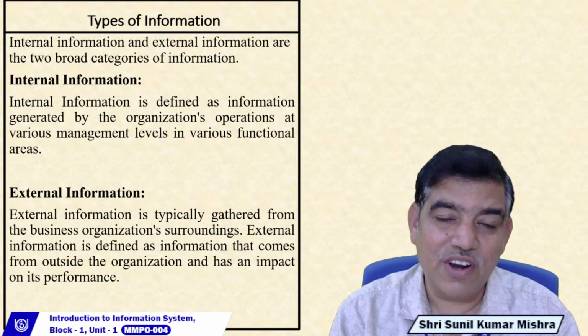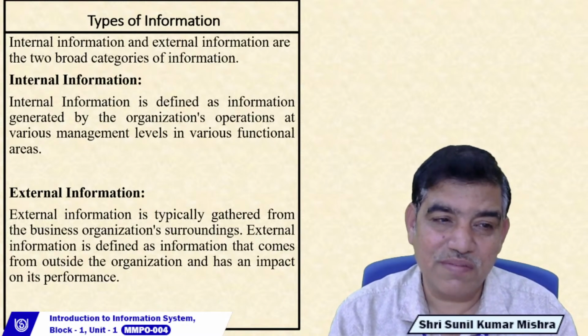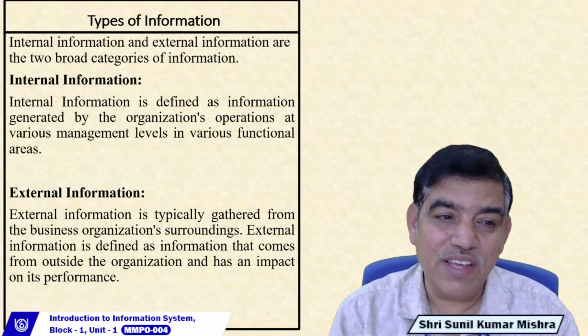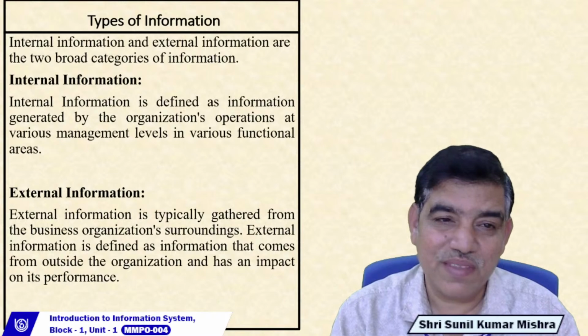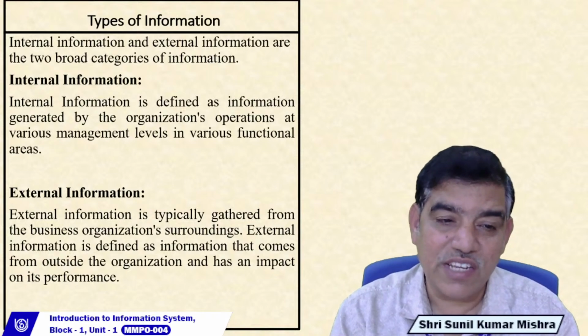But when the top level people need some information, they need both internal information and external information. Internal information is generated by the internal information system, whereas external information means we collect the information from external sources for strategic planning.